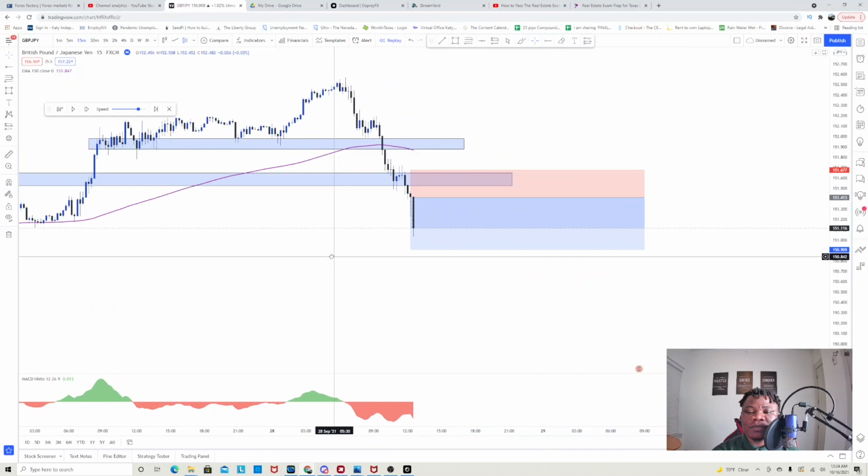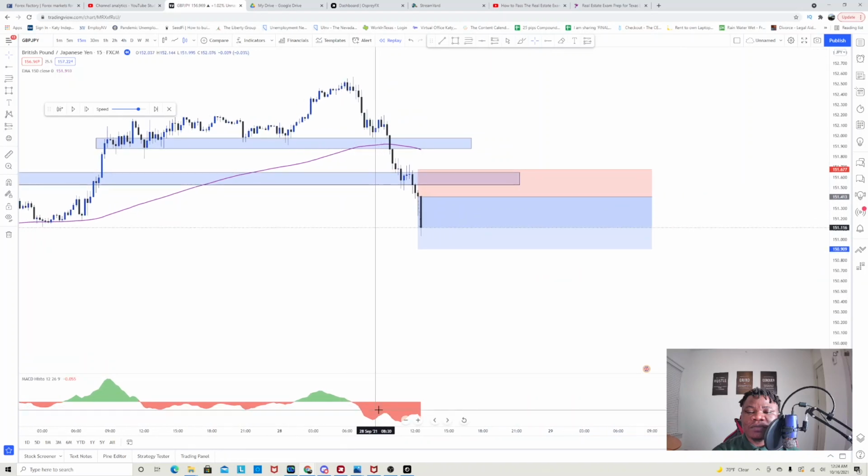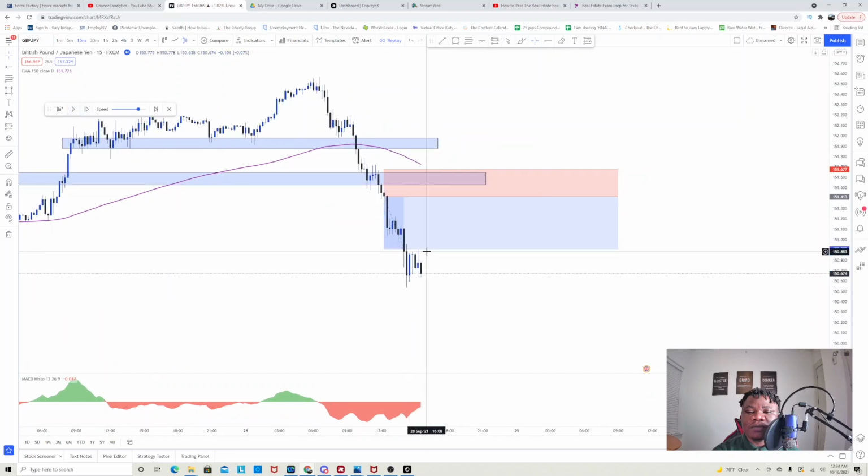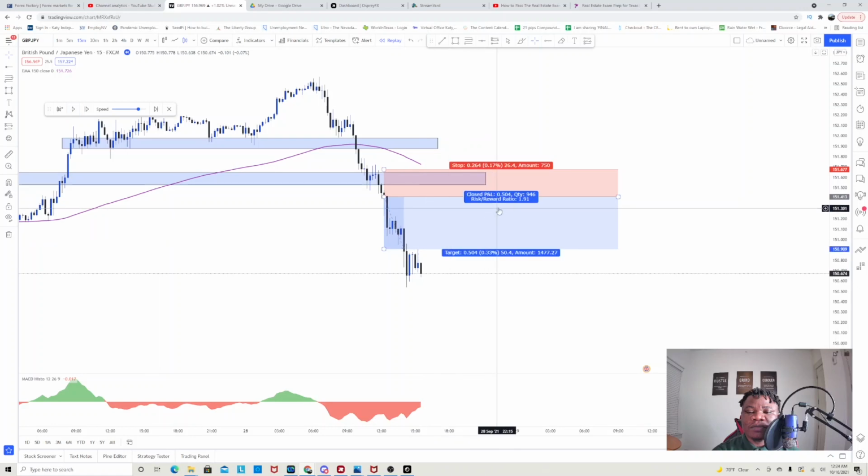And as you can see, if you look at the MACD histogram down here, it's red, giving us our final confirmation to get in this sell trade. So let's see how this trade played out. Right there, we got our 50 pips smashed, risk reward ratio 1:9, our stop loss 26 pips.